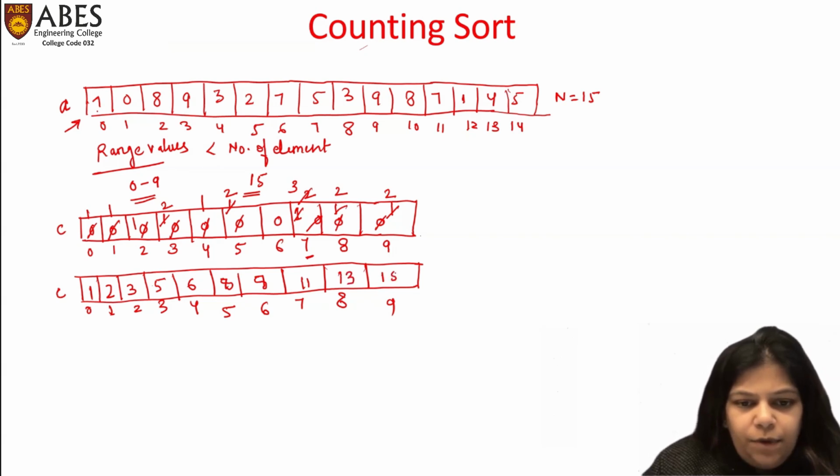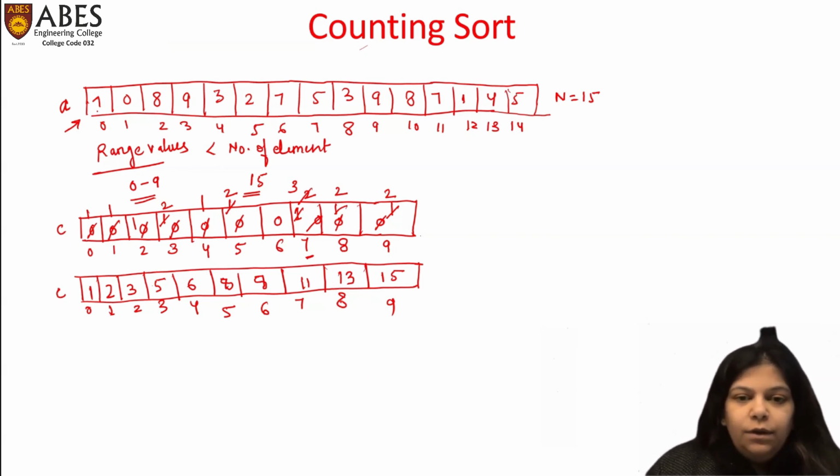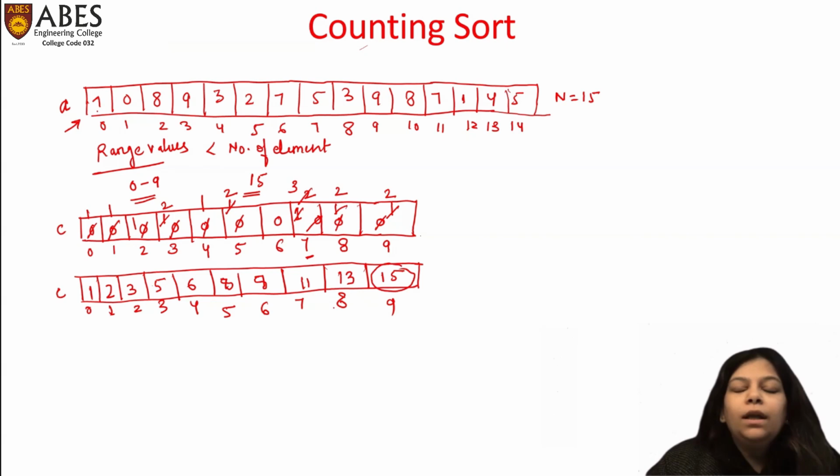And this will be 15. So this represents the frequency array, which tells us how many elements are less than or equal to a particular element. Like if you talk about 9, there are 15 elements which are less than or equal to 9 in the input array.